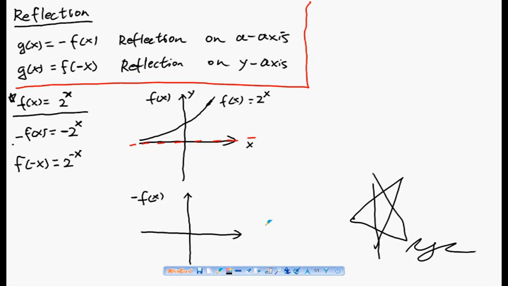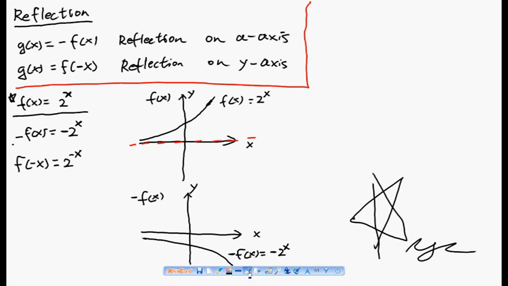With x and y, I just reflect it, it becomes like this. It's minus f(x) equals minus 2 power of x. So basically everything becomes a minus number, and it's just a reflection on the x-axis.